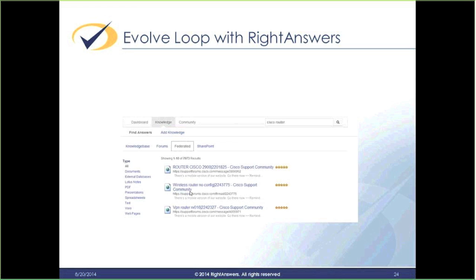All right, and so we can crawl a number of different things: websites, file shares, old databases, other knowledge bases that you may have had while you're transitioning. And we bring that all in so that you have access to other repositories' content from a single search.